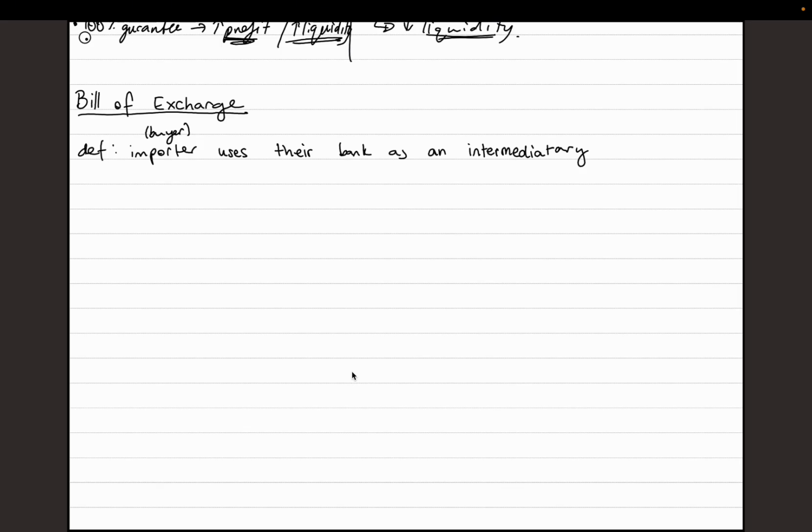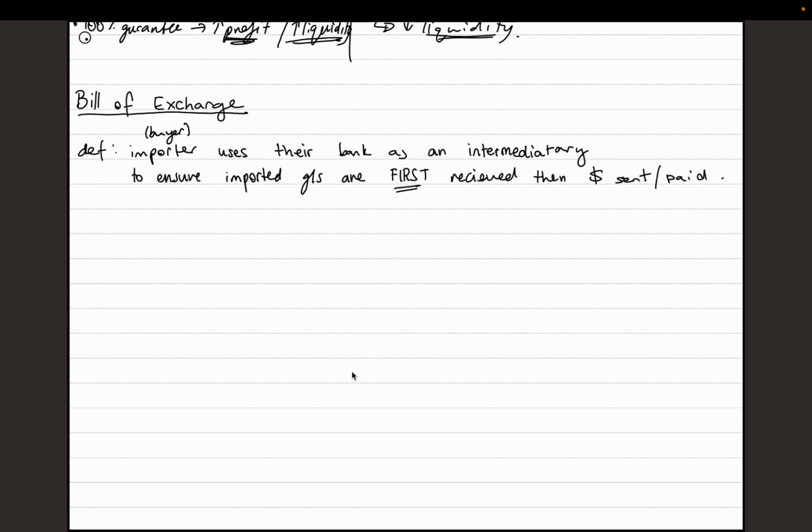Uses the bank as an intermediary to ensure imported goods are first received, then payment made, then money is sent / paid.